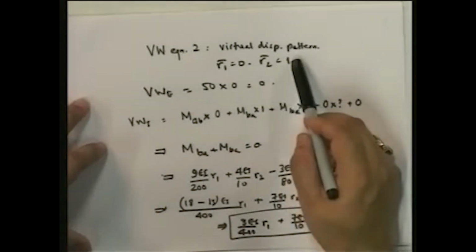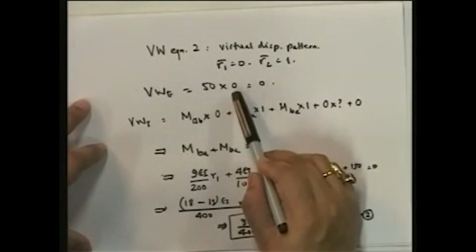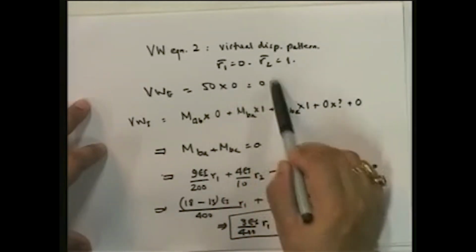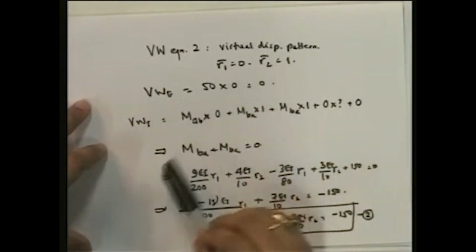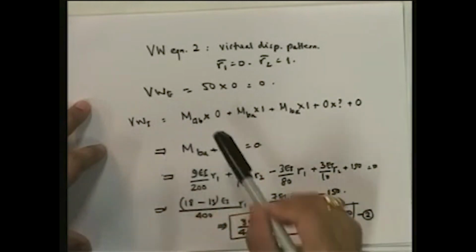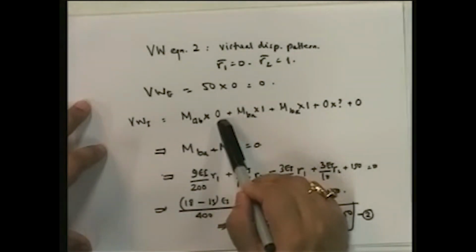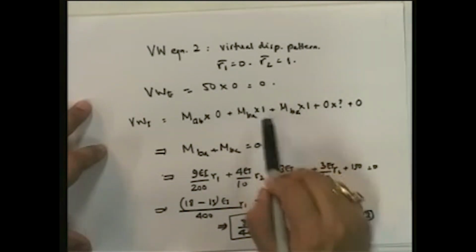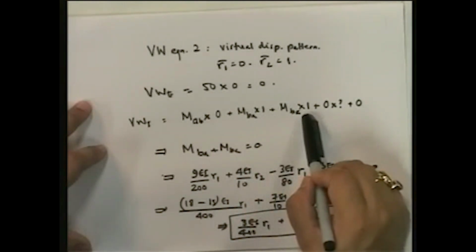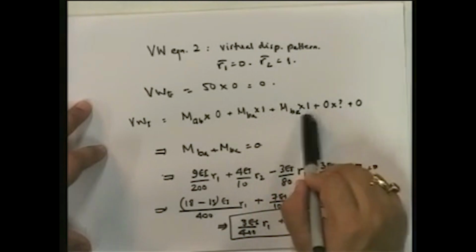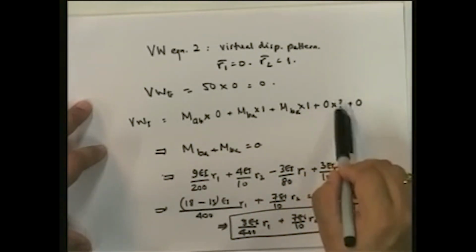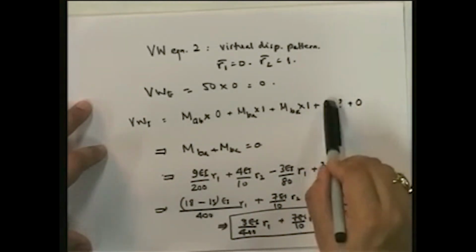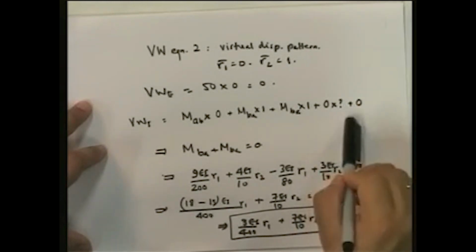So for R2 equal to 1, the 50 kilonewton does not undergo any displacement, so the external virtual work is equal to 0. Internal virtual work is MAB into theta AB, which is 0, MBA into theta BA, which is 1, MBC into theta BC, which is 1, plus 0 into, we don't know what it is, but 0 into anything is 0, so we don't care.